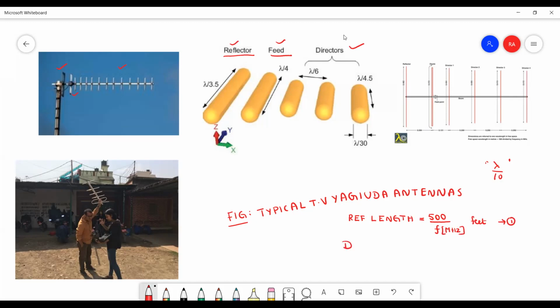Similarly, the driven element is 475 divided by the frequency in megahertz. The director is 455 divided by f in megahertz.